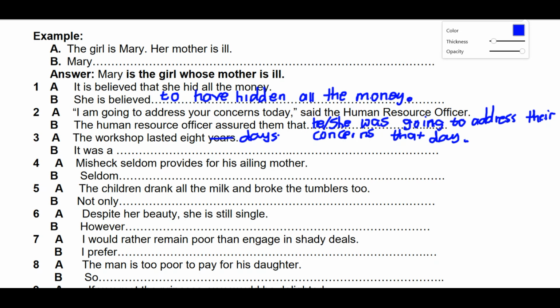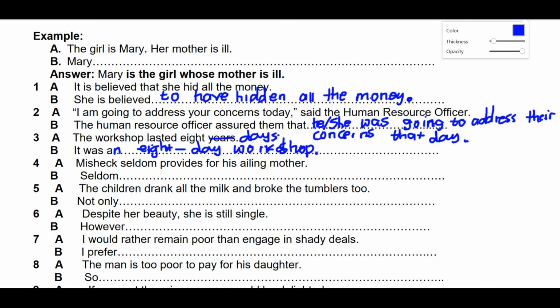So we're going to say it was an 8-day workshop. Number 4: Meshach seldom provides for his ailing mother. The word ailing simply means not feeling well or sick.